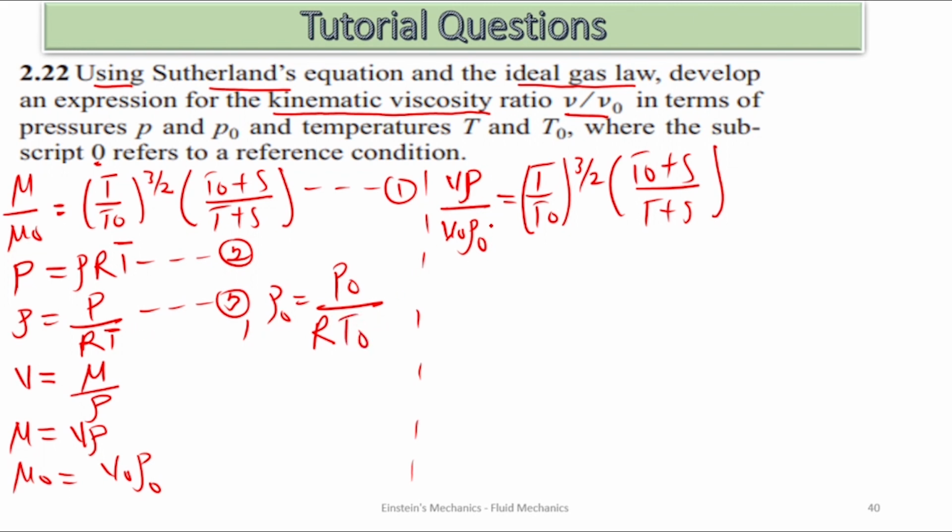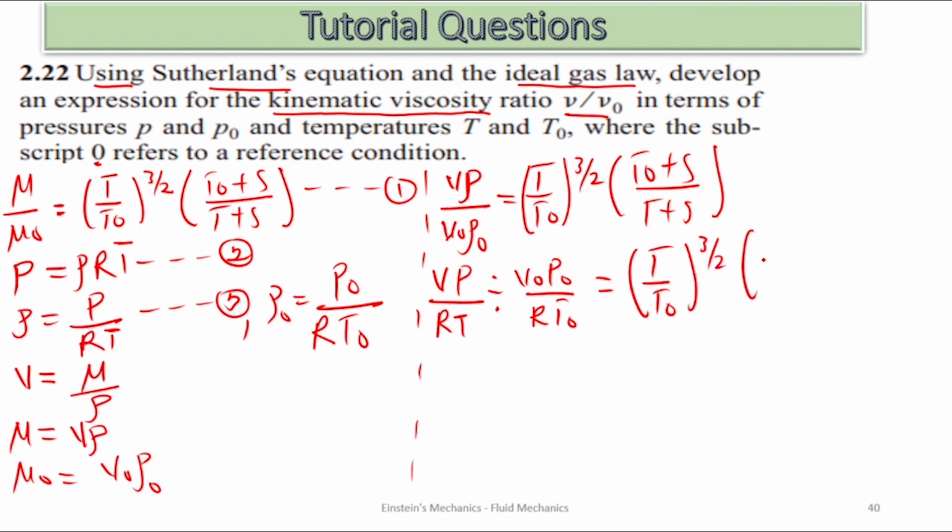So I'll bring it in place of these. Here will be my V multiplying the whole of this, that's pressure on RT, divided by this. So I'll say divided by V naught, P naught on RT naught, equal to this whole thing, T on T naught to the 3 on 2.